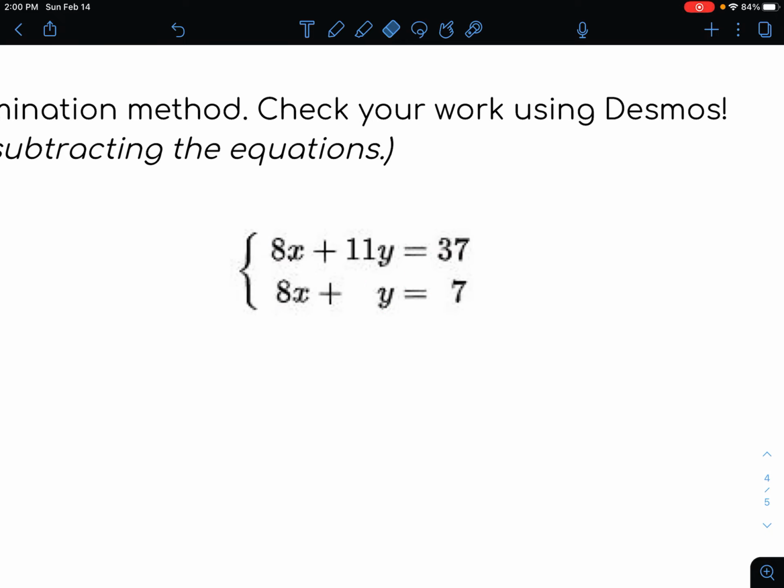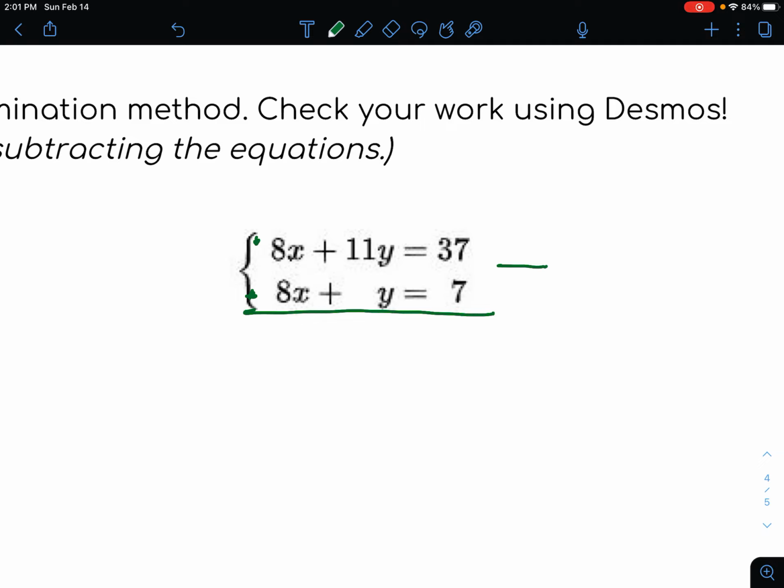All right, so what happens in this situation? Well, I do notice that these two x values have the coefficient, the number in front, of 8. But since it's a positive 8x for both of them, in this case, to eliminate, I am going to subtract the two equations.